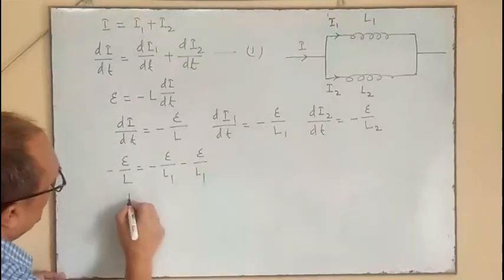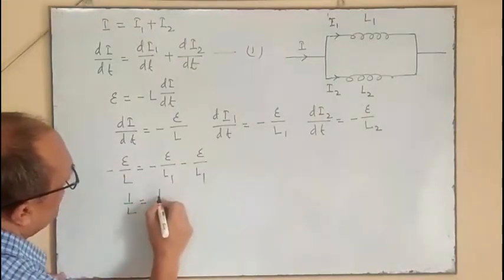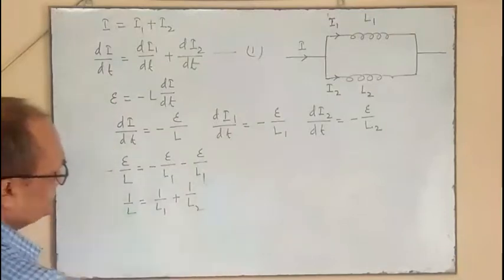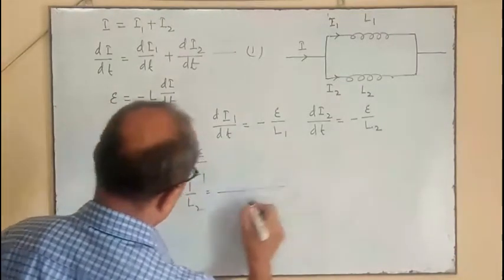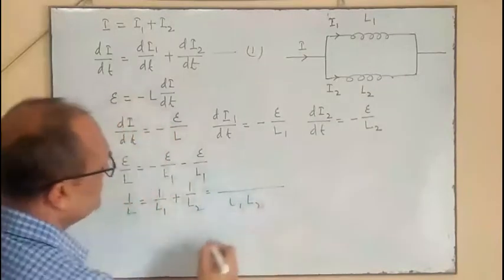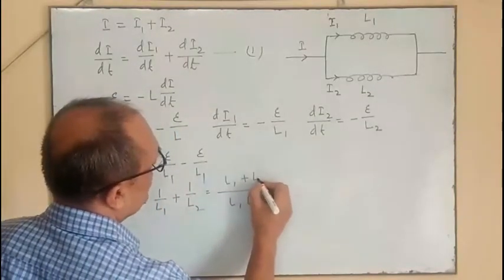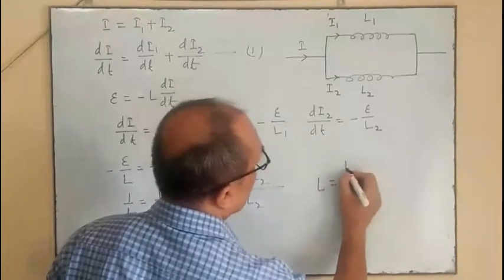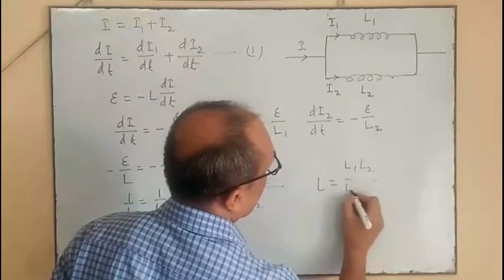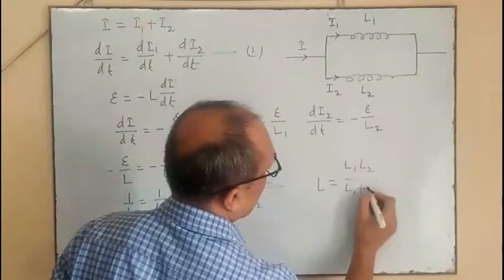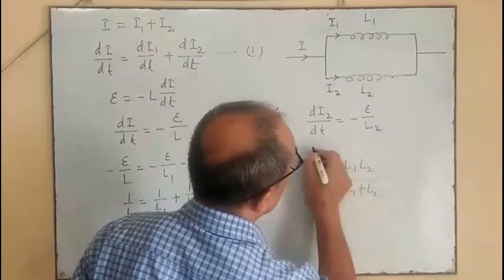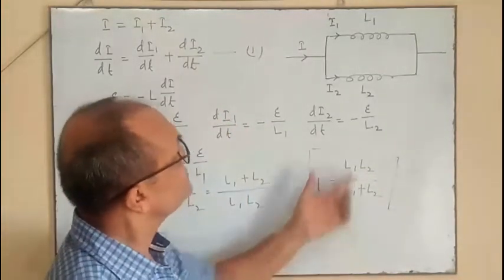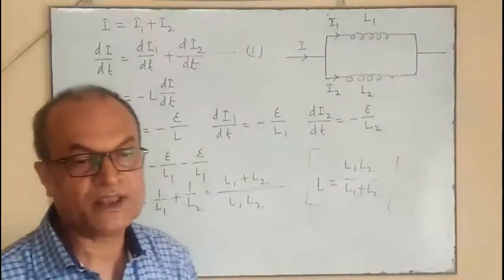So we can write 1 by L equals 1 by L1 plus 1 by L2. Now this is L1 L2 over L1 plus L2. So L equals L1 L2 by L1 plus L2. This is the equivalent self-inductance of these two coils when they are in parallel.